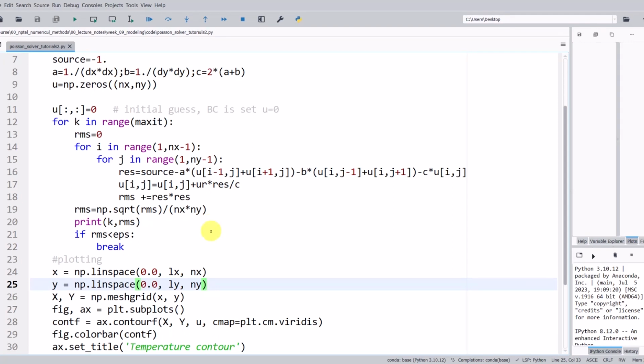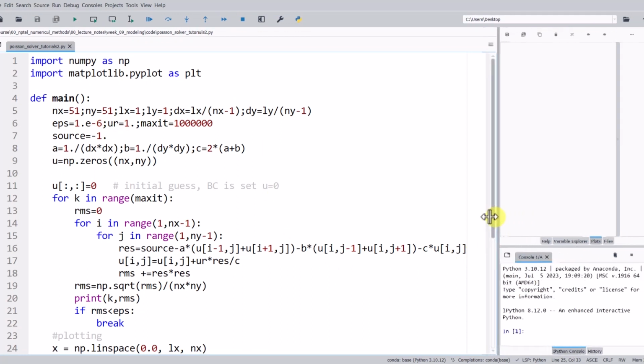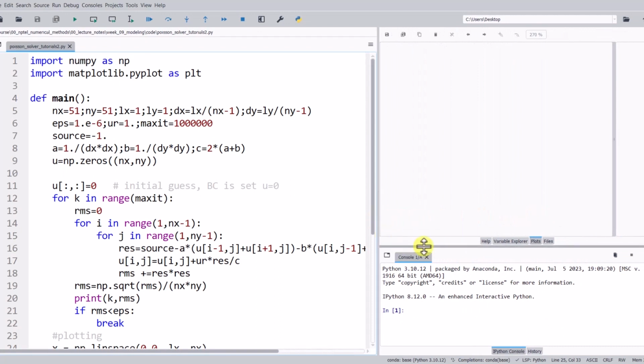Because SciPy is inherently C, you will have a speed up, but here it might take a moment, depending upon all these values. So let us see what happens if we run it.